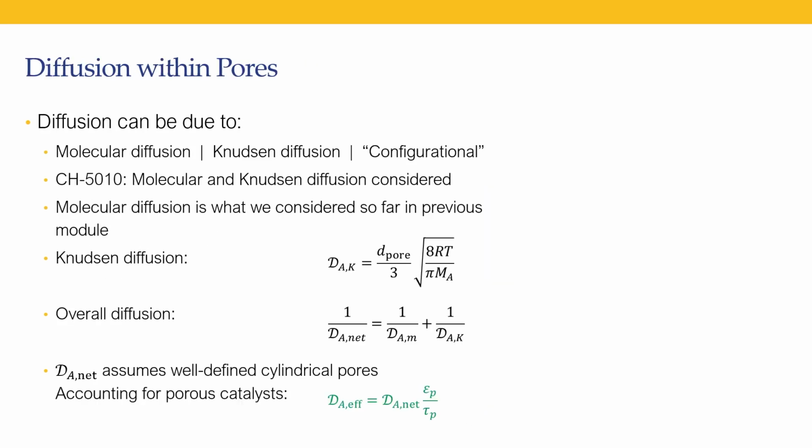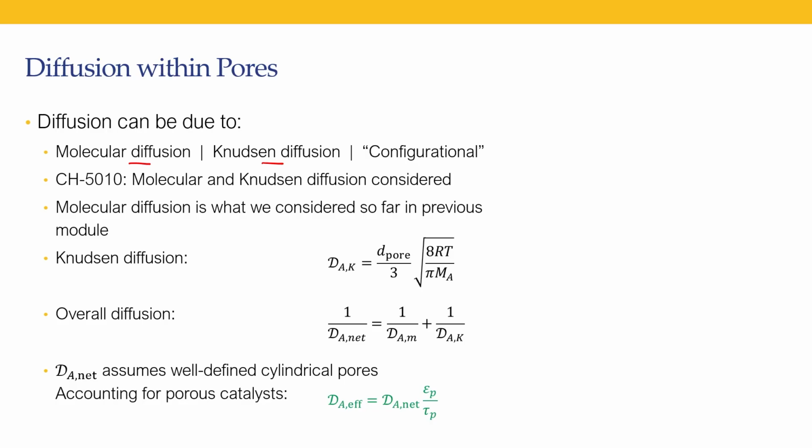Okay, we talked about diffusion in the pores. The diffusion could be molecular or Knudsen diffusion. And those are the ones that we have considered. Anything lower than that is too small of a dimension to be considered for this course.